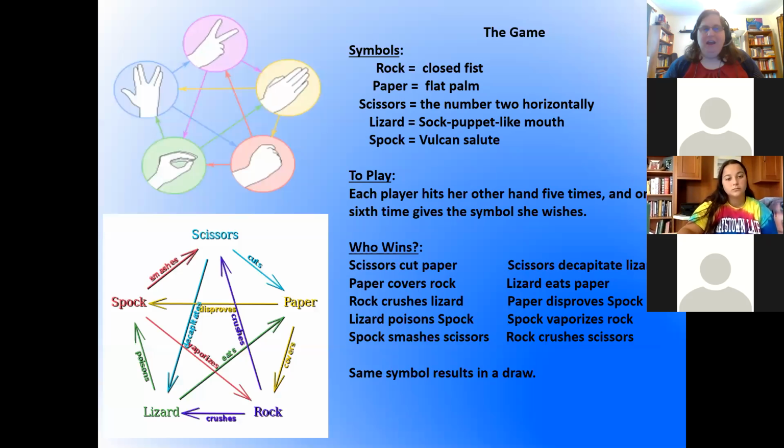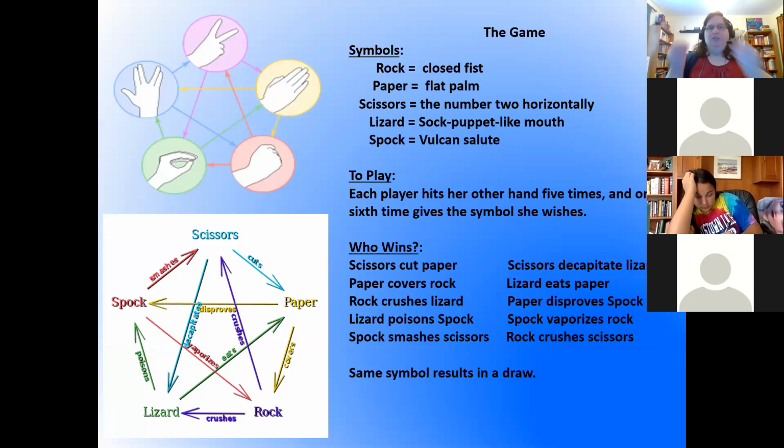All right, so that is rock, paper, scissors, lizard, Spock. As you can see for this game, we have, once again, rock is a closed fist, paper a flat palm, scissors is the number 2 horizontally, lizard is the sock puppet mouth, and the Vulcan salute for Spock.